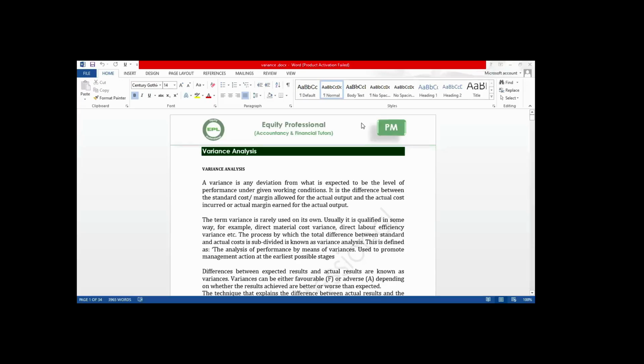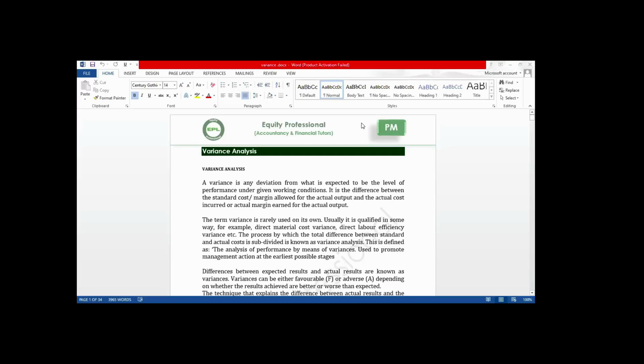Now, variance and budget, they are very related. If you remember budget, we said budget is what we plan to achieve in monetary terms.